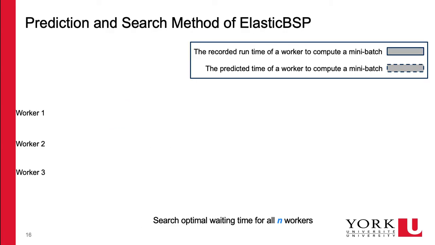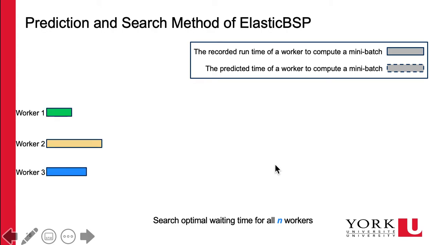The intuition about how our approach works is as follows. Assume we have 3 workers running in the BSP model. Initially, once each of them finishes one iteration, they have to wait for each other. The barrier starts at worker 1, then worker 3, and worker 1 waits for worker 2. The waiting time is this much, highlighted in red. The dashed line is the end of the barrier.